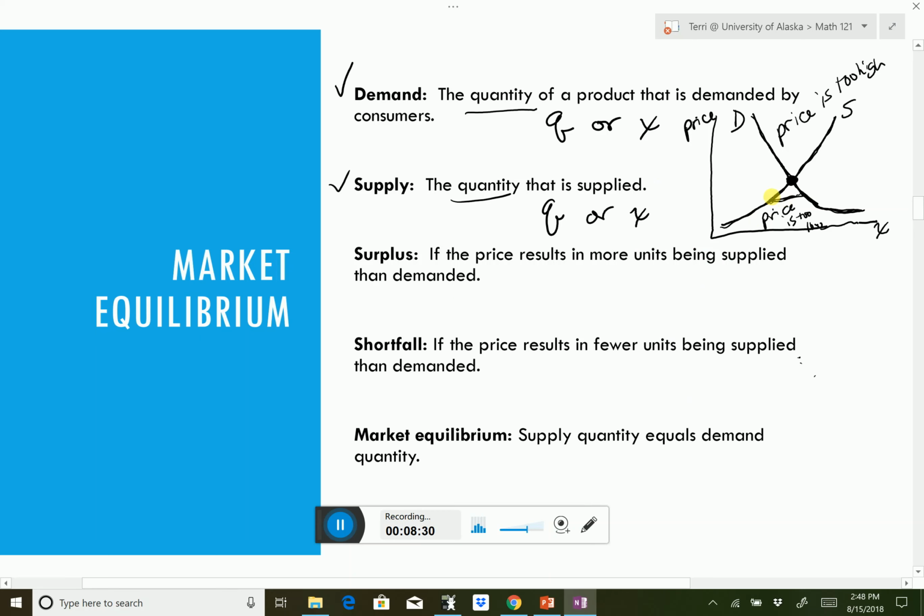We have this much supplied, but this much is what we want demanded. This is bigger than this. So the price is too low. We raise the price a little bit, then we'd have them the same. Then market equilibrium is this wonderful place in the middle where supply quantity equals demand quantity.